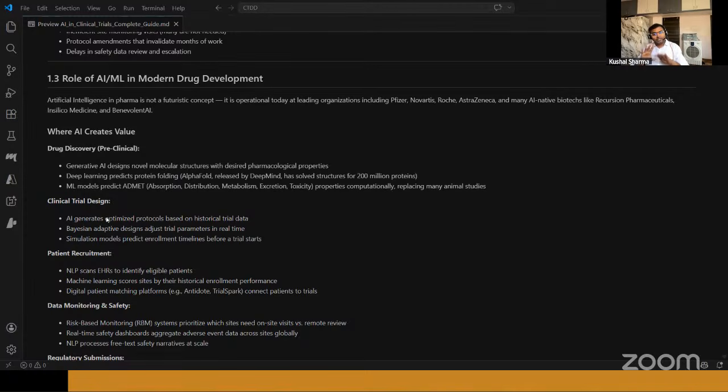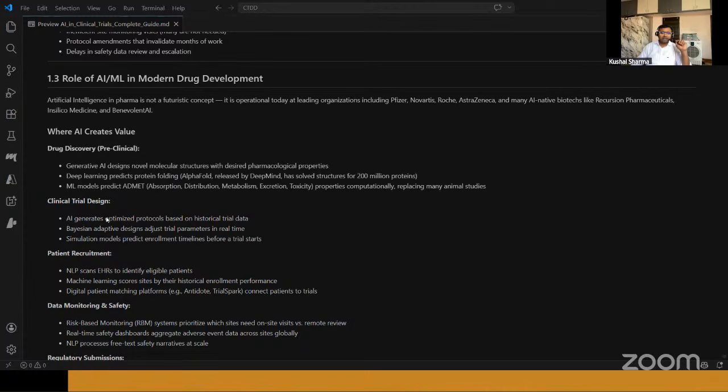It is operational today at leading organizations including Pfizer, Novartis, Roche, AstraZeneca, and many AI biotechs like Recursion Pharmaceuticals, Insilico Medicine, and Benevolent AI. So where does AI create value?